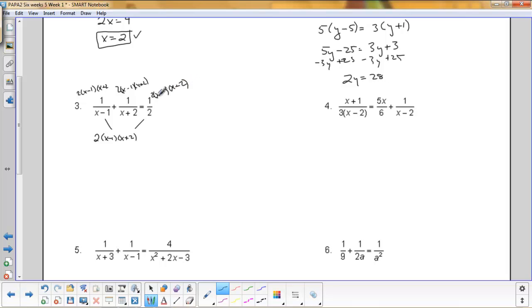And I'll go ahead and cancel out in each fraction the part that cancels with the existing denominator.